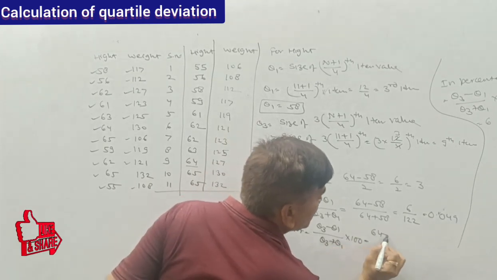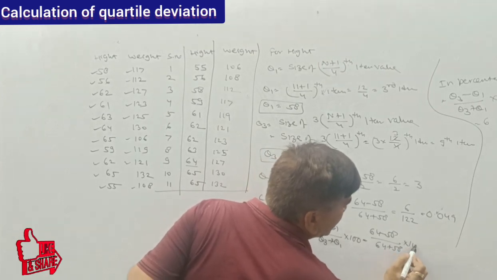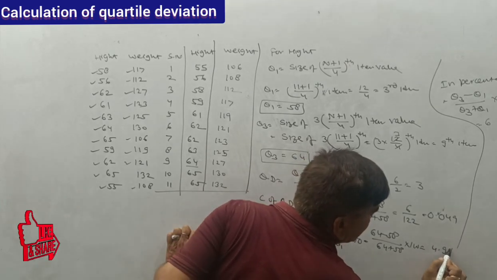So 64 minus 58 upon 64 plus 58 multiplied by 100. So that will be 4.9%.